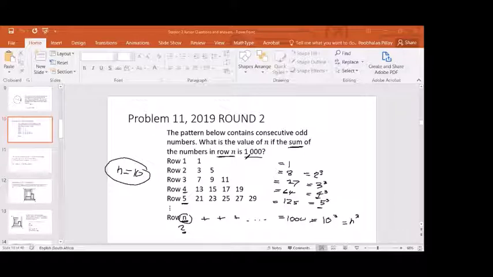Like for instance, 13 cubed is 2,197. You're not expected to know that. But you're expected to know at least the smallest cubes. All right, so that takes care of problem 11.